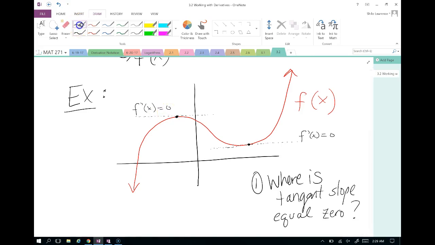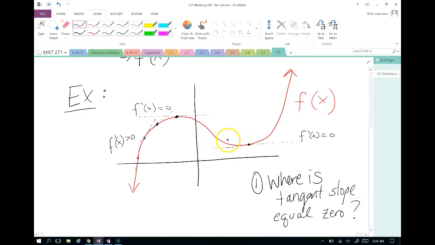Now, if you look at the tangent slopes around those points, so before this first point, if you draw some tangent slopes, all those tangent slopes are pointing up. They're all positive. So here, f prime of x is greater than 0.